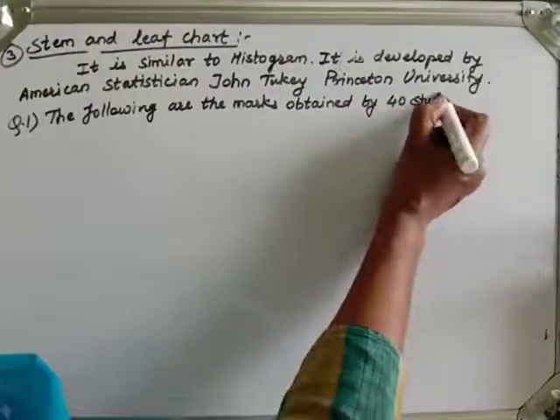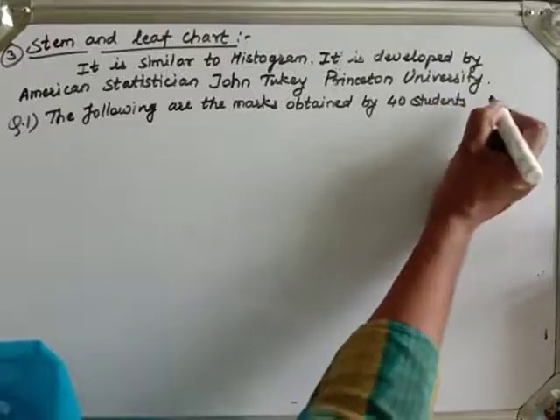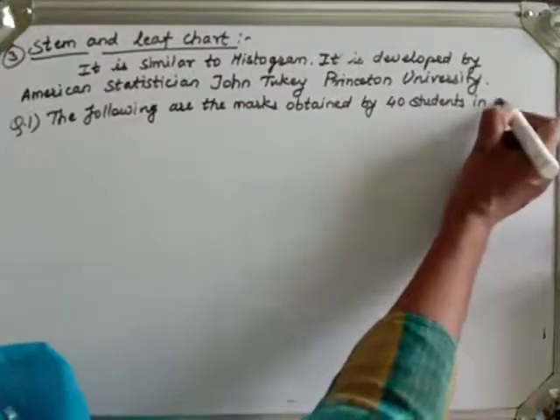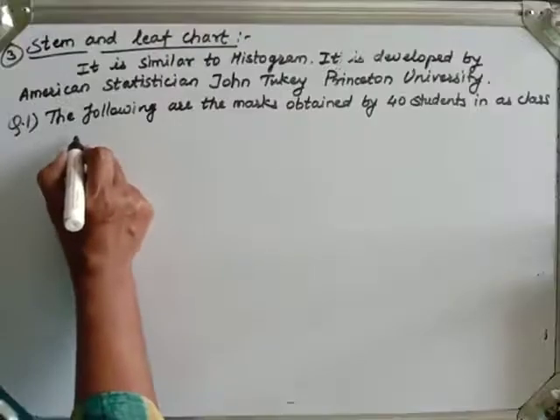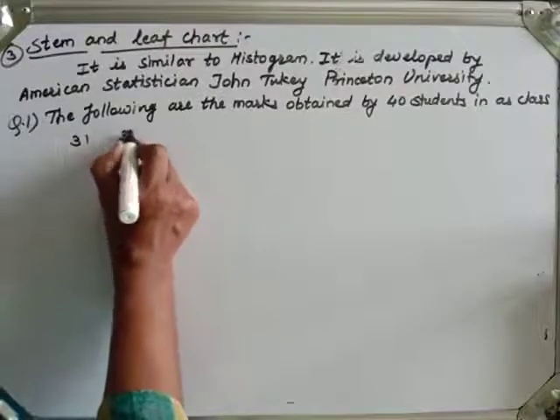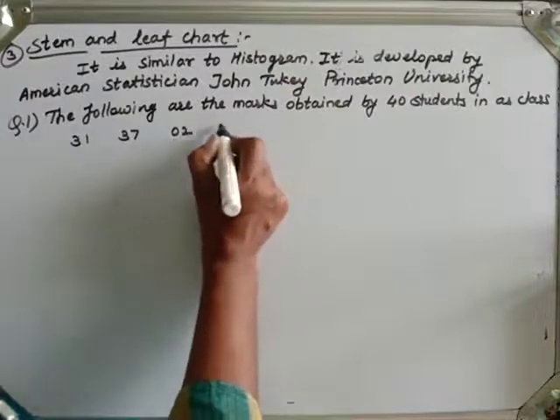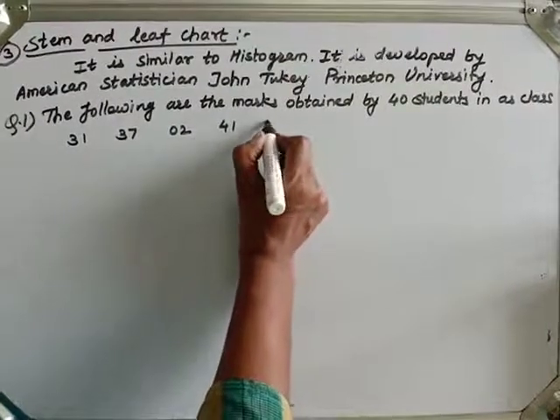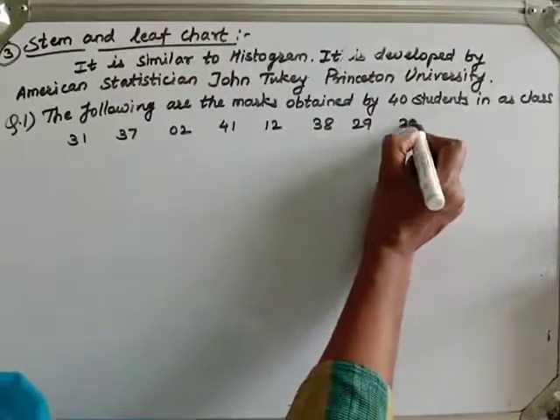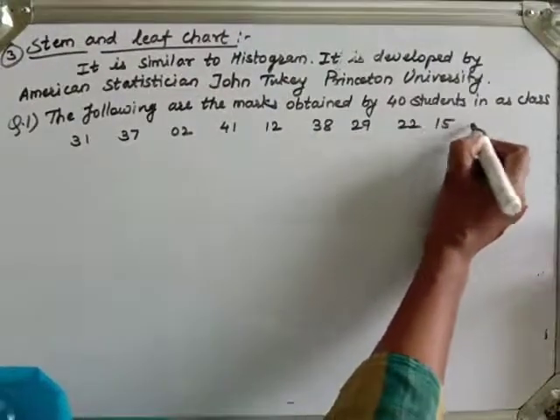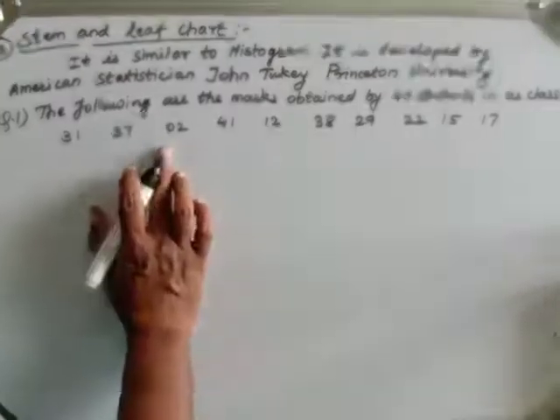So marks are suppose 31, 37, 2, 41, 12, 38, 29, 22, 15, 17.